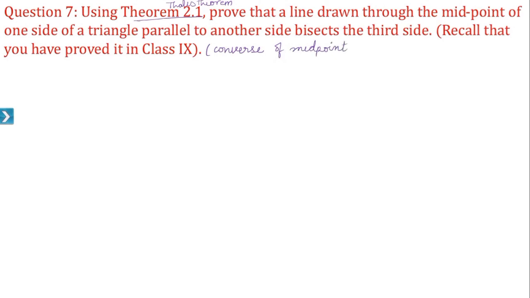You proved it in 9th standard. Now by using Thales theorem, you can prove this in a very simple way. So now let us prove converse of midpoint theorem by using Thales theorem.